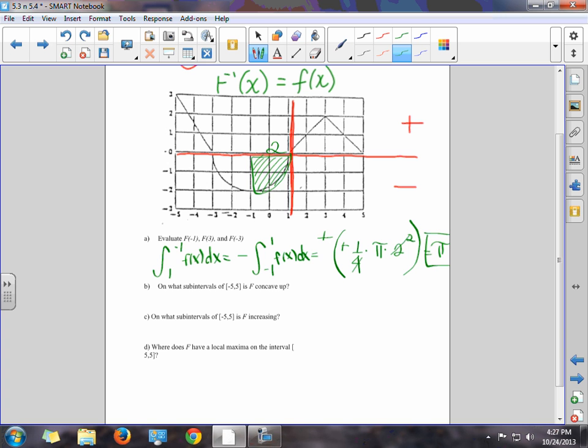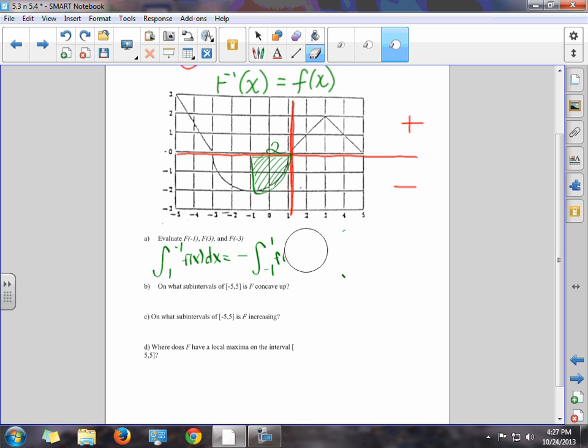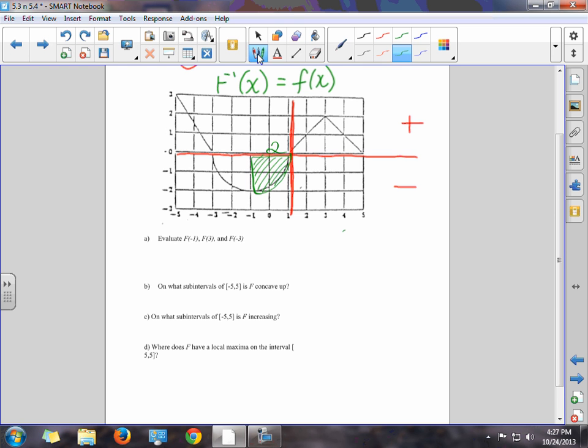Alright, so now let's take a look at F of 3. I'm short on room, so I'm going to erase and do the next part. F of 3, I'll do that with blue. Now I want to accumulate area from 1 to 3. I'm accumulating area to the right, so I don't have to worry about flipping my limits of integration. And I have a true triangle, so this is going to be pretty easy.